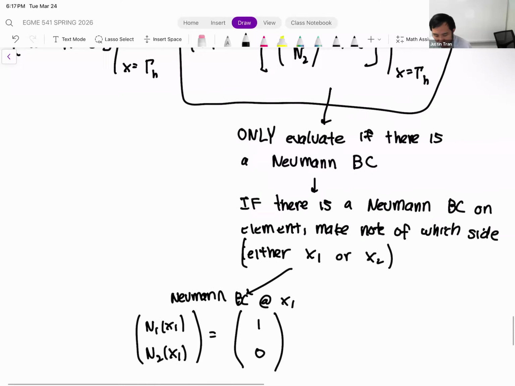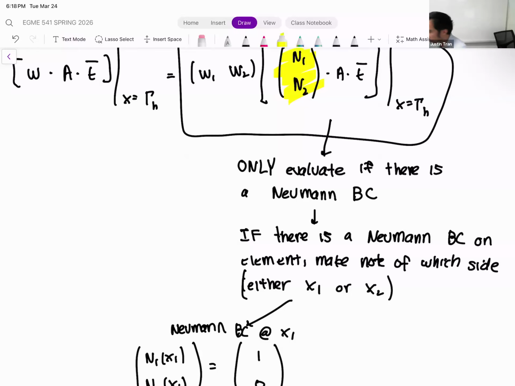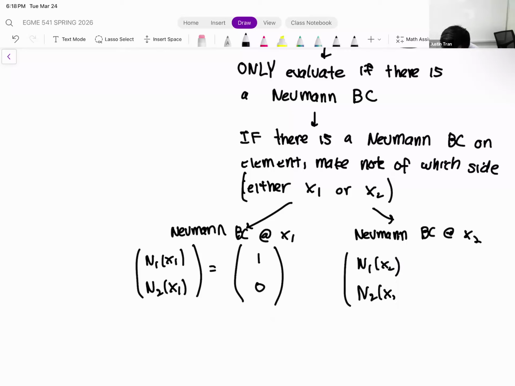So this vector here, N1, N2, is either going to be 1, 0 if the Neumann boundary condition is on the left, or if the Neumann boundary condition is on the right, so we have Neumann BC at x2, then N1 of x2 and N2 of x2 is equal to 0, 1.